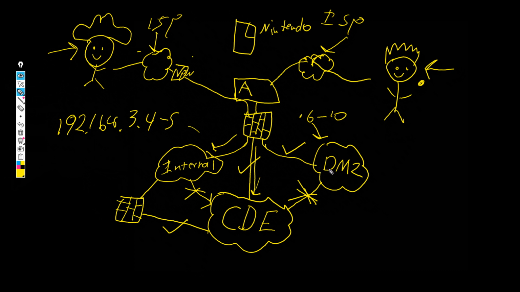The DMZ is on its own little cloud. This network is separated from this network. Can I change the color? That'd be cool. Okay, so you can call this network 1. Then you can call this network 2.